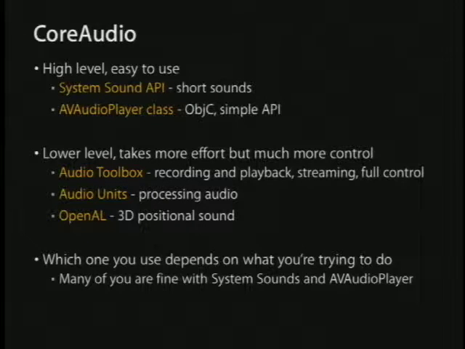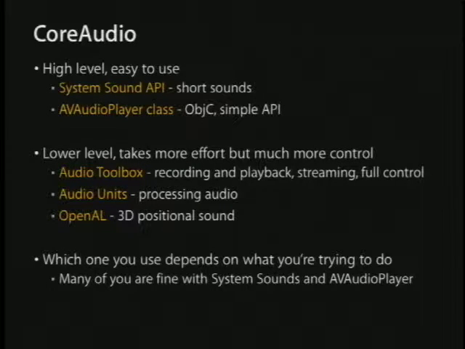Now, on top of Core Audio, there are a few different levels of abstraction. For very easy-to-use sound processing, you have the System Sound APIs. For a little more Objective-C friendly, there's a simple API called AVAudioPlayer, and that's great for playing songs, for example. And now, lower level, there are 3 that we're going to get into. One is the Audio Queue APIs, which come from the Audio Toolbox.